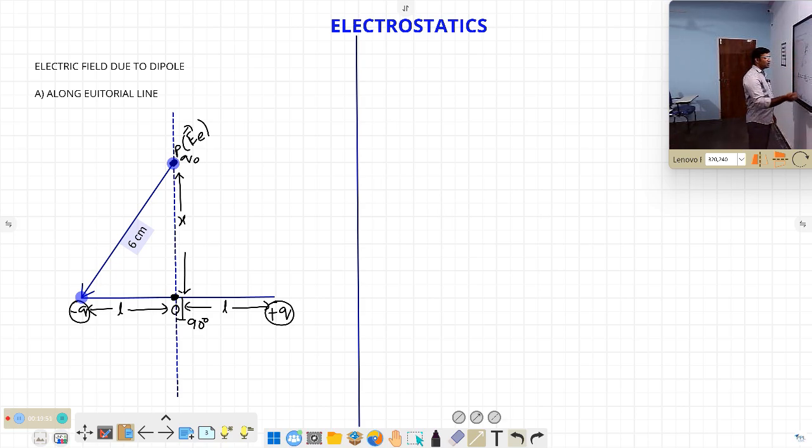Next, the positive charge of the dipole repels the positive test charge in this direction, as you are looking here.